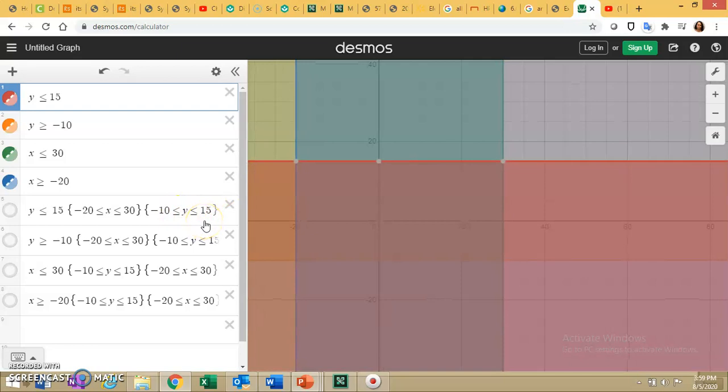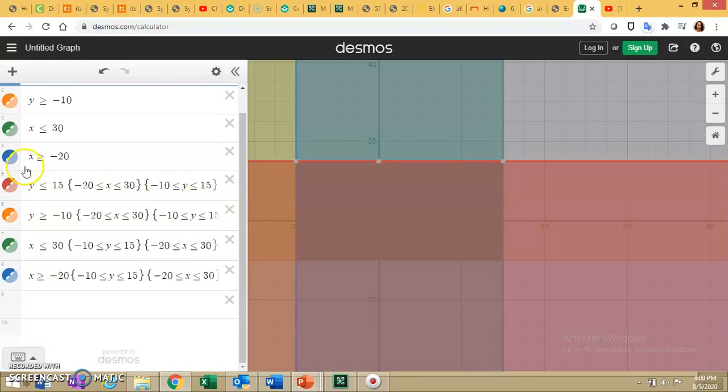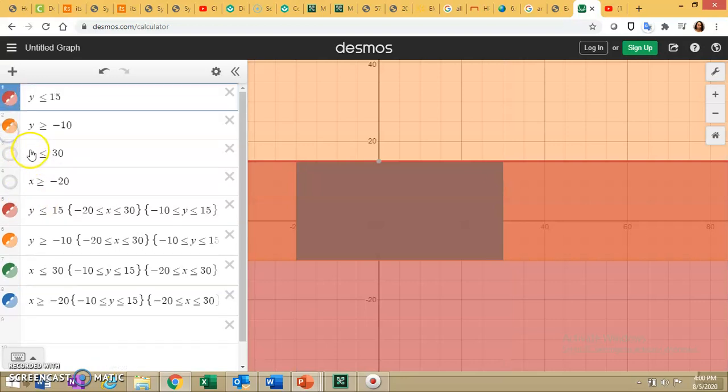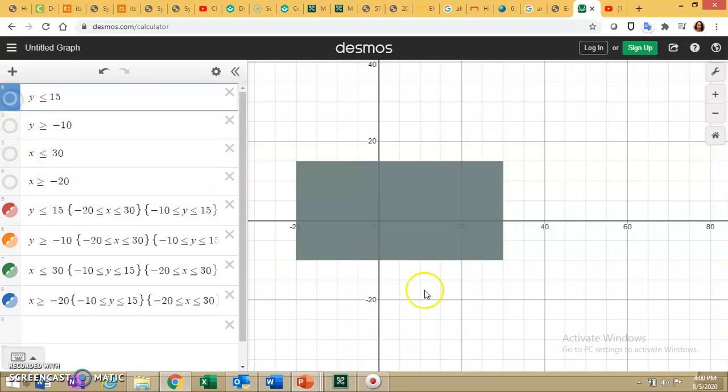So those are the constraints. If I turn on those constraints, you'll see those things are highlighted, and I just have that box there. And that's what the box represented in our PowerPoint lesson that we just did.